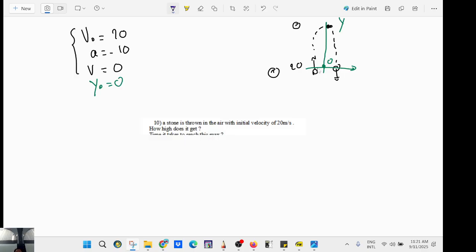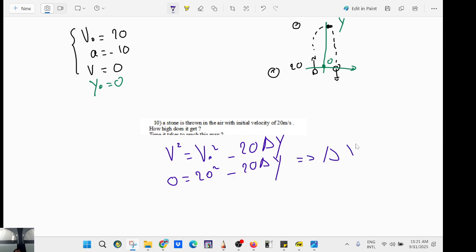Okay, so we can say between here and there, final velocity squared equals initial velocity squared minus 20 delta y. 0 equals 20 squared minus 20 delta y. So delta y equals 20.